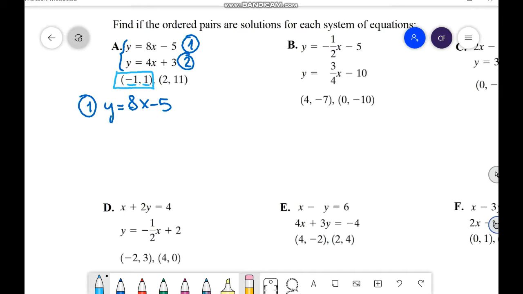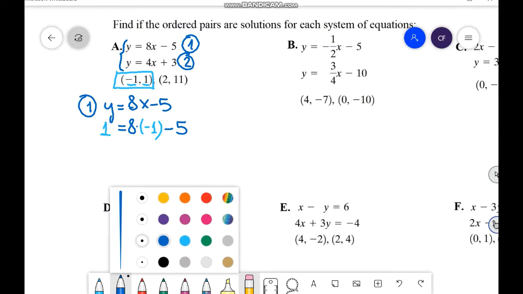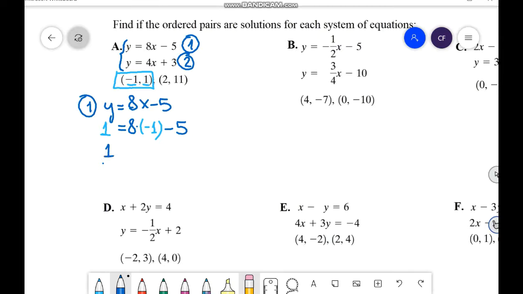So x equals -1 here, and y equals 1, right? So 1 equals 8 times -1, minus 5. This is how you check. Now you have to check if this is a true statement.